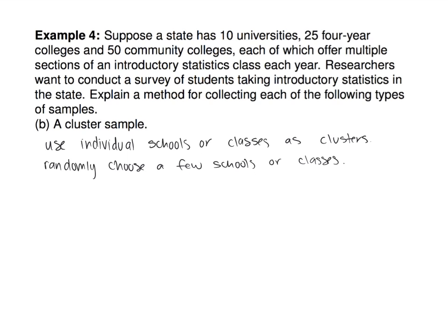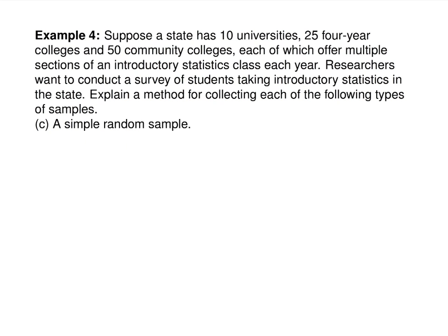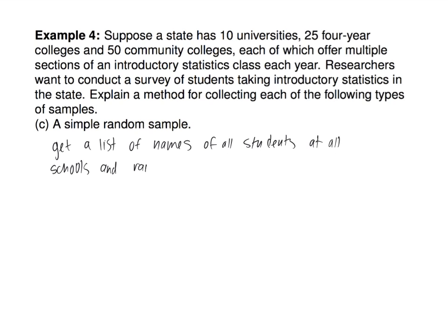Okay, then a simple random sample. Get a list of names of all students at all schools. That would be fairly hard. And randomly sample from this.